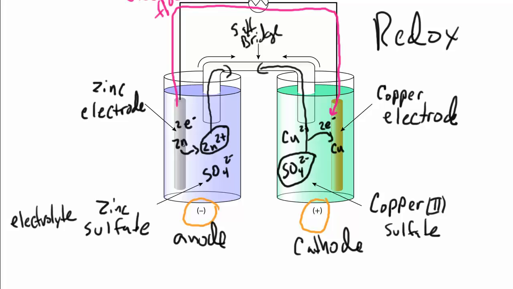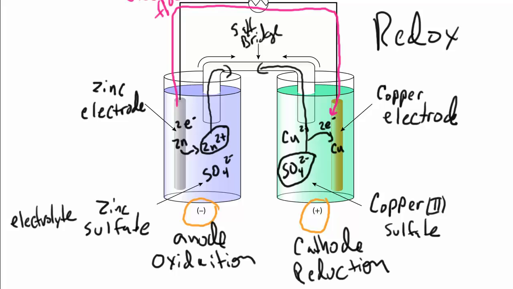So when these zinc atoms lose their electrons and they become freed up to flow through the circuit, that's oxidation. So the anode half is the oxidation half. And then over here, where the copper ions are gaining the electrons, that's the reduction half. Perfect. So the anode is oxidation, the cathode is reduction.